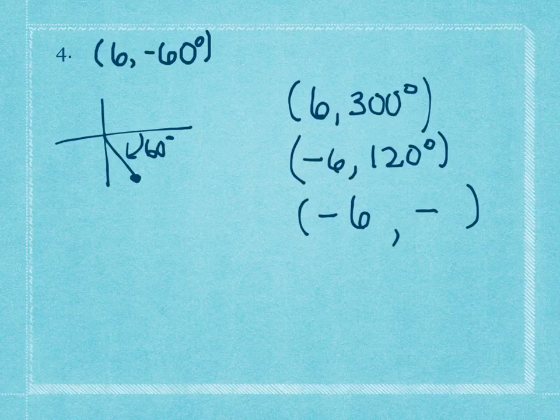Negative 6, negative 240. Yeah, I didn't give myself enough room. So I could go negative 6 and then still go around clockwise, the negative direction around the circle, and end up at the same place down here at the bottom, at the negative 60 degrees that I went originally. And we could keep going, right?